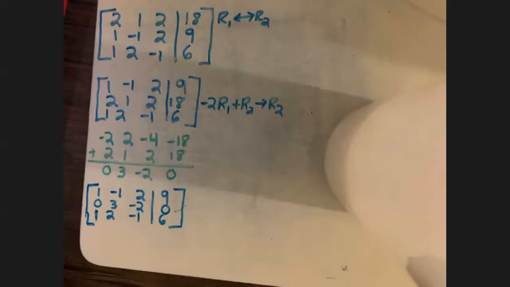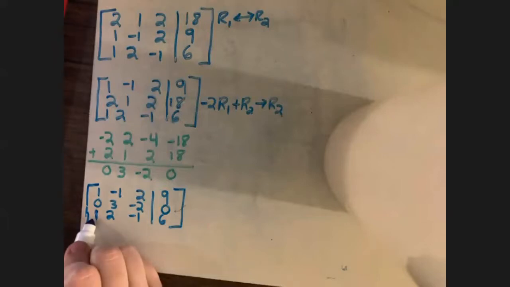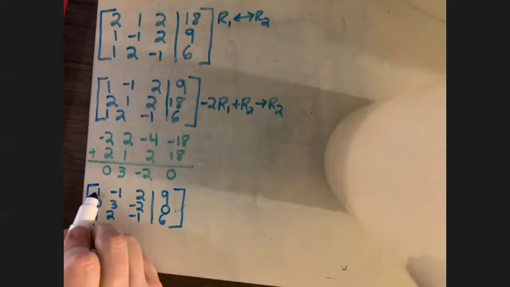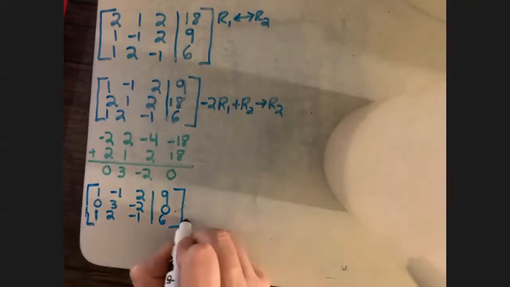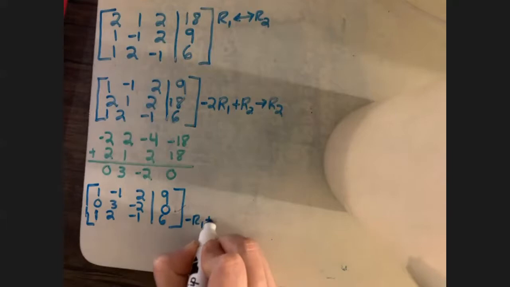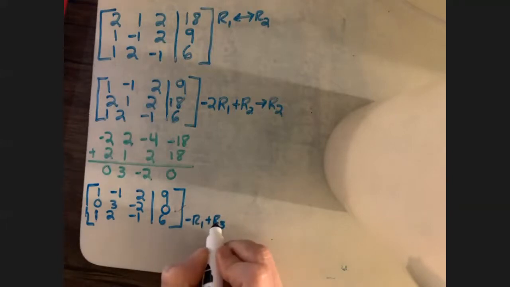I need to make my 0 happen in the next row down. Since it's a positive 1, I just need -1. So I'm going to do negative row 1 plus row 3. Notice that I'm always doing the multiplication with row 1, and I'm letting the other one stay put.